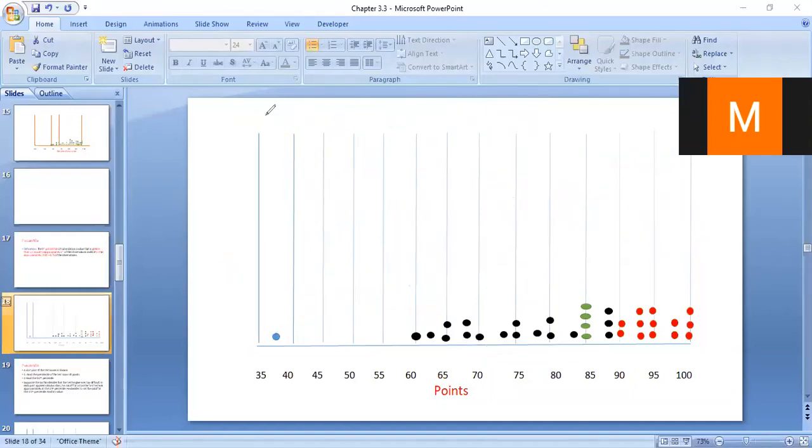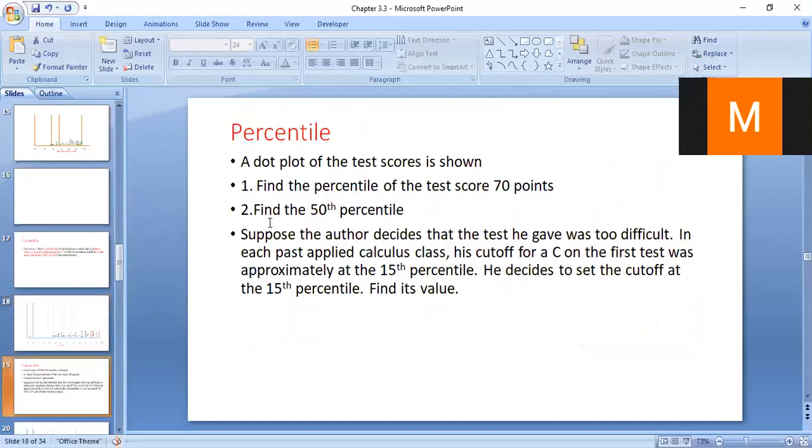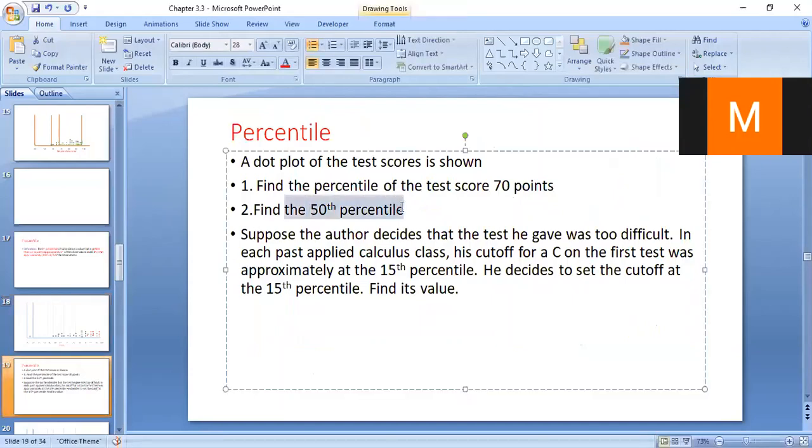The next question we call find the 50 percentile. The first question, you find the test score 70 point and the percentile of the 70 point. The second question is find the 50 percentile.